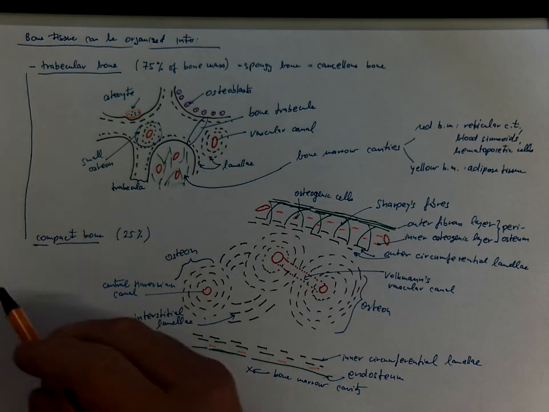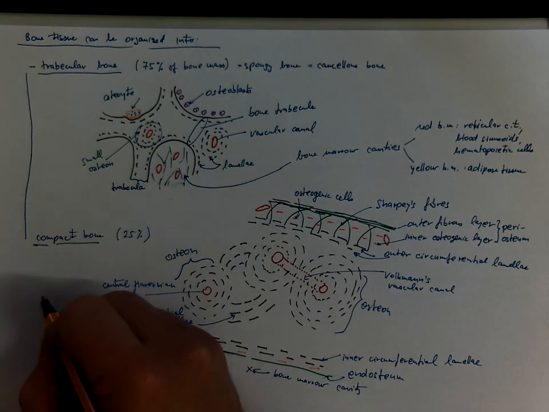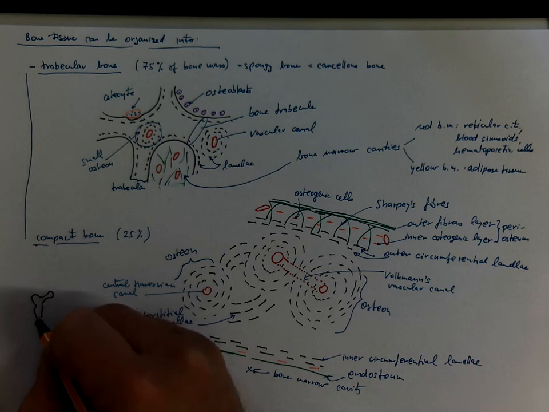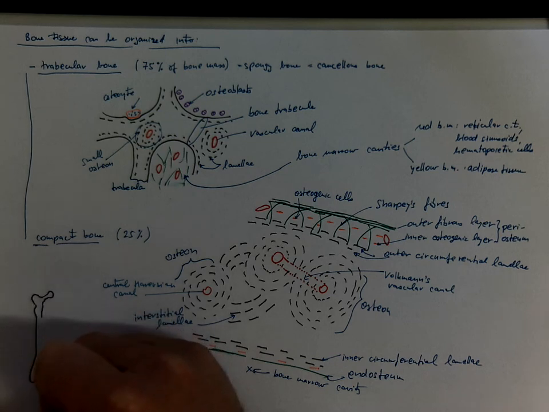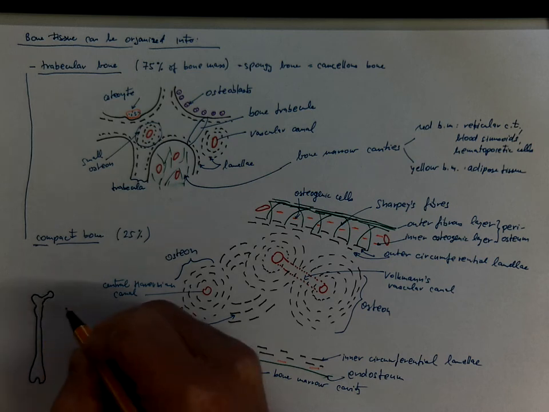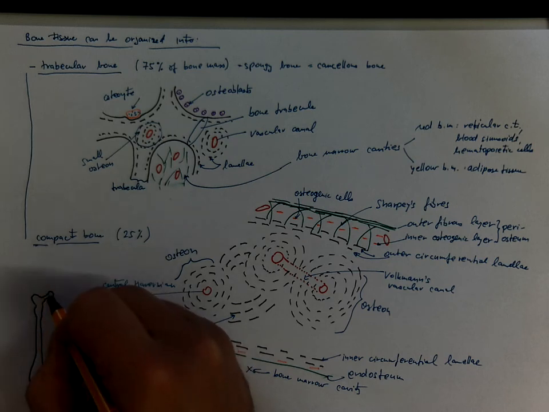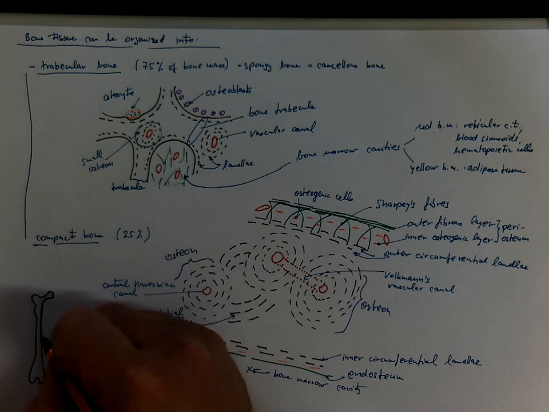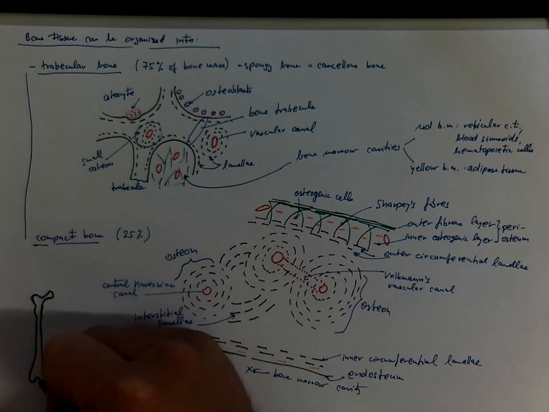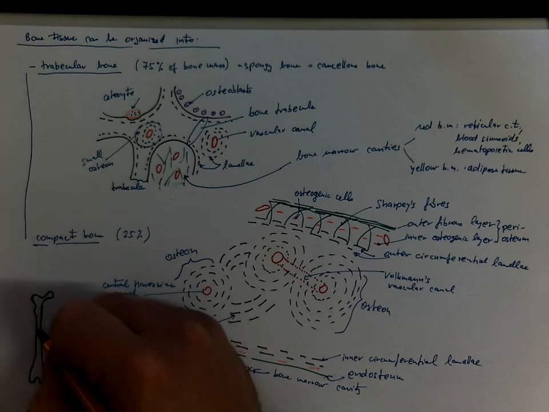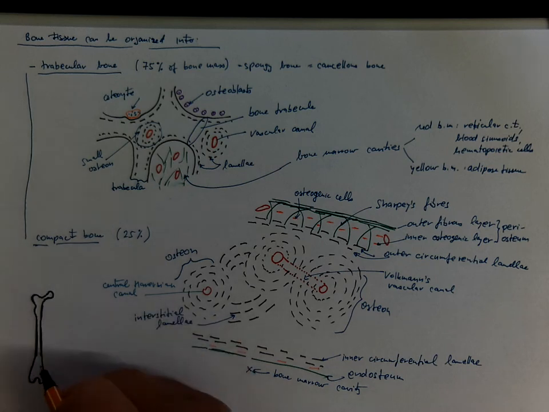So, for example, taking a long bone, we know that the compact bone forms the cortical compact layer on the surface, which is really thick in the diaphysis region and quite thin on the epiphysis.